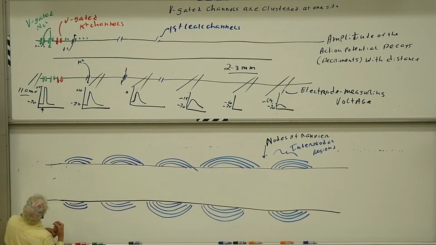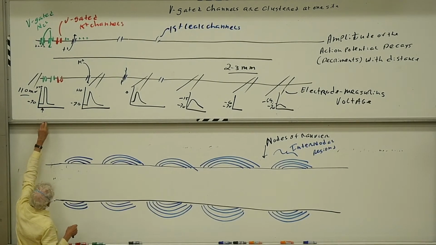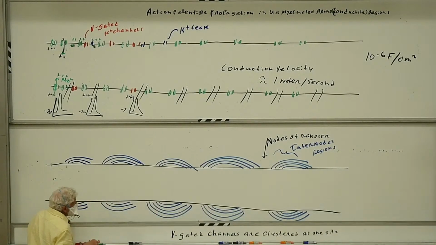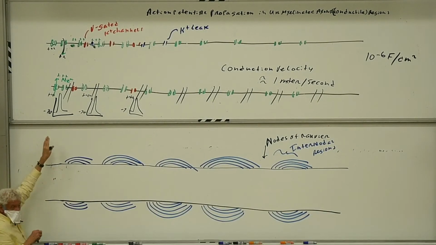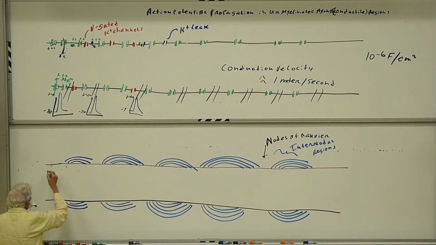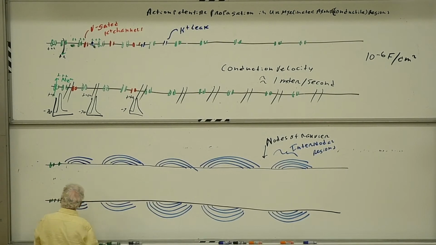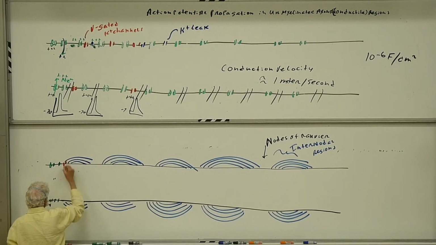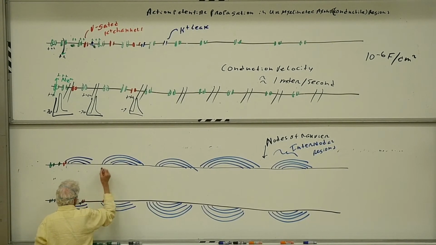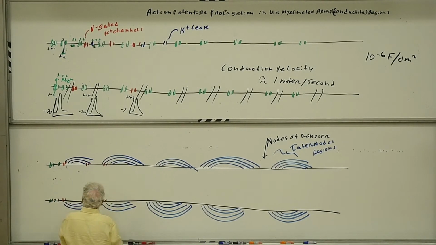So unlike the upper panel, where the sodium channels are evenly distributed, we're now going to have voltage-gated channels, primarily the sodium channels, but along with some of their counterparts, the potassium channels, at the nodes of Ranvier.